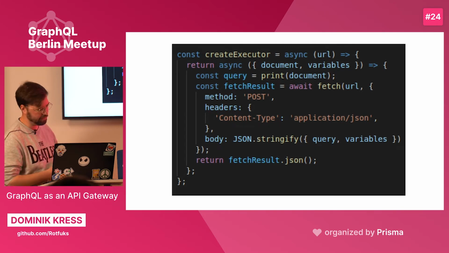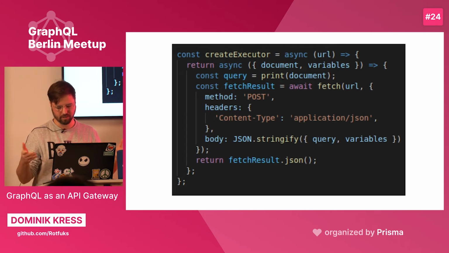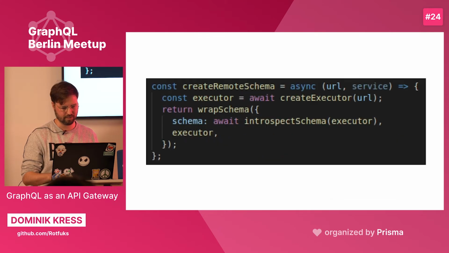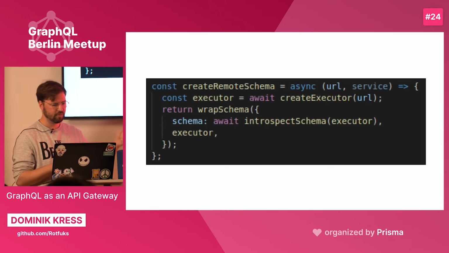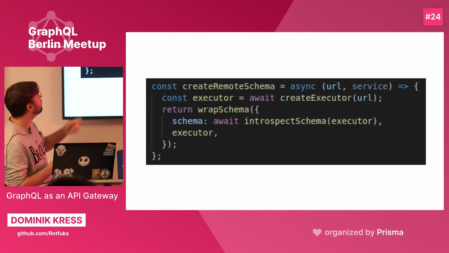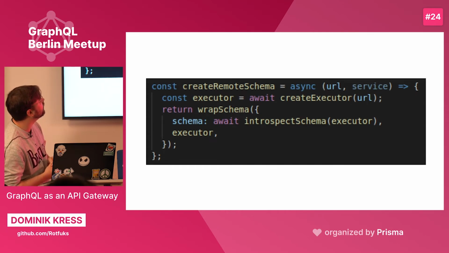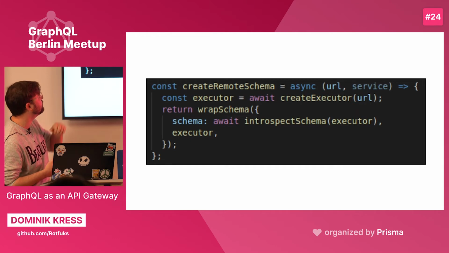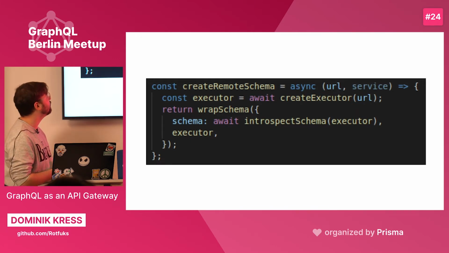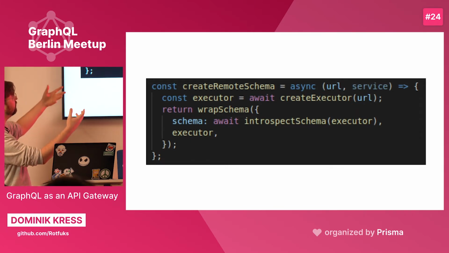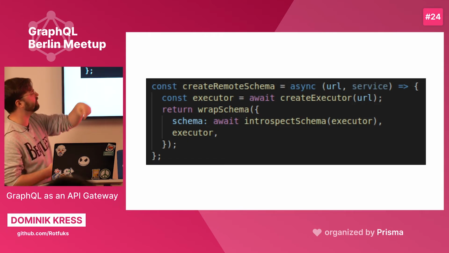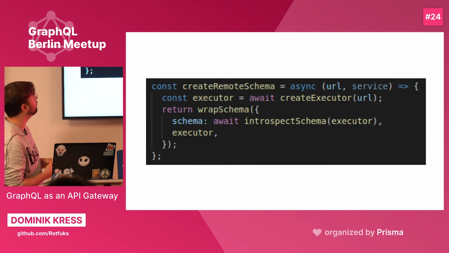And then get a JSON back from our GraphQL introspection at the end. So with that, we can create a remote schema. As you see, we create an executor with a specific URL, and then wrap it into our wrap schema so that we get a wrapped introspected schema from our executor.